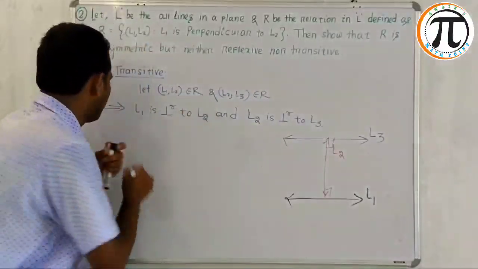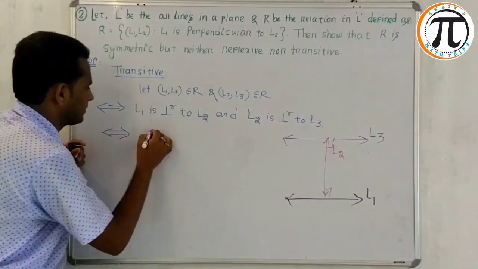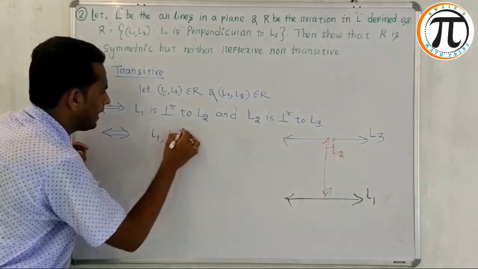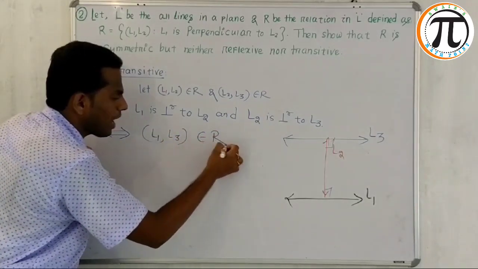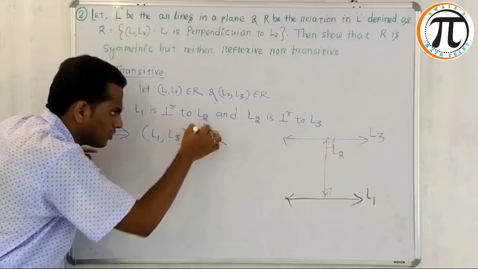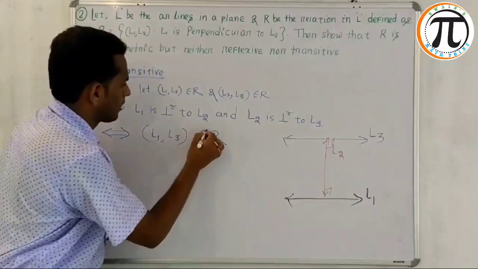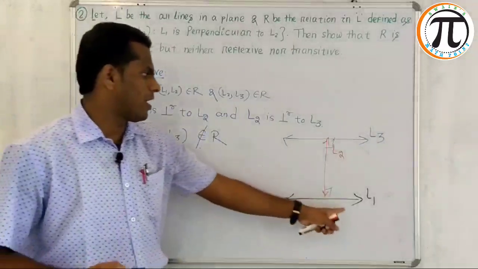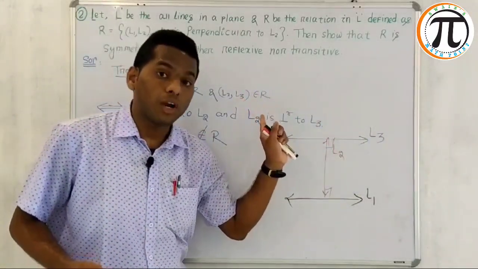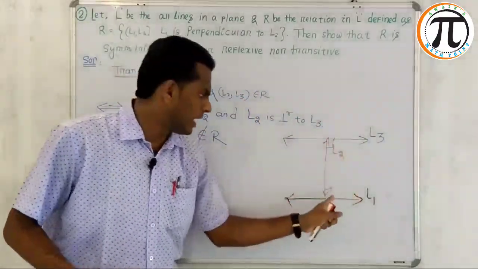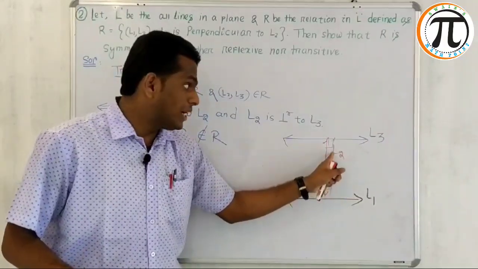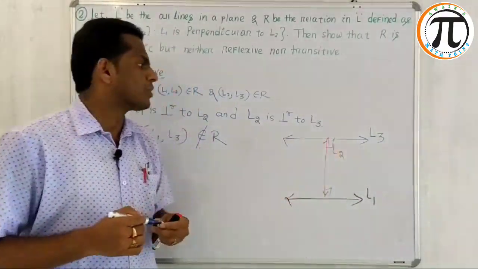So this implies you can write (L1, L3) does not belong to R. It does not belong to R, isn't it? Because L1 is not perpendicular to L3. It is parallel. Check. L1, L2 perpendicular, L2, L3 perpendicular, but both are parallel.